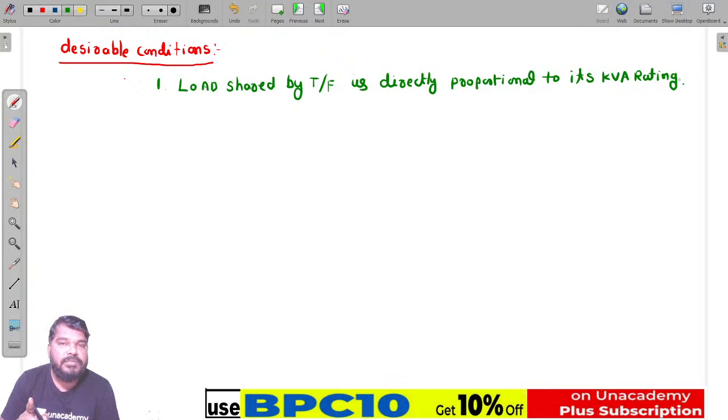Load shared by the transformer is directly proportional to its kVA rating.